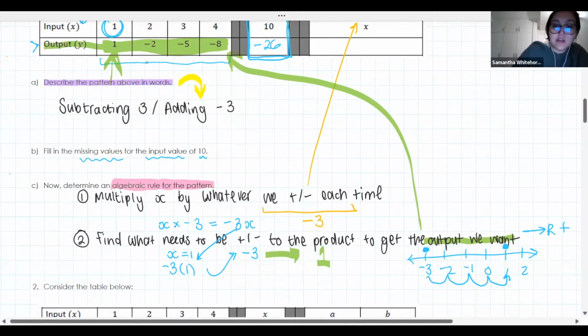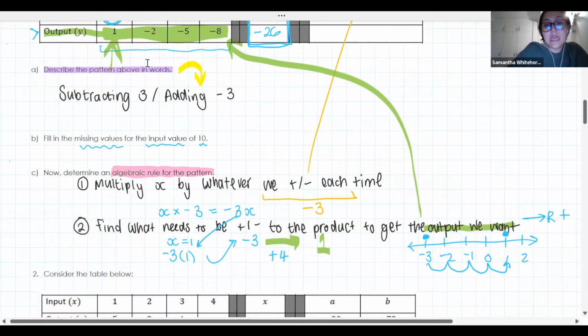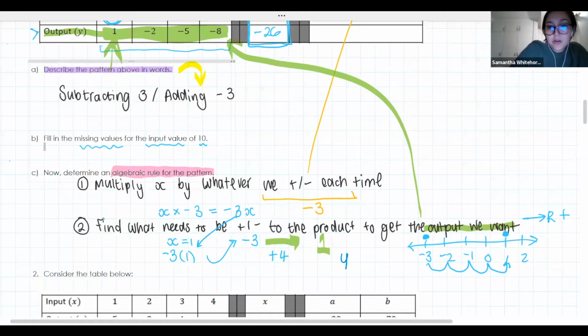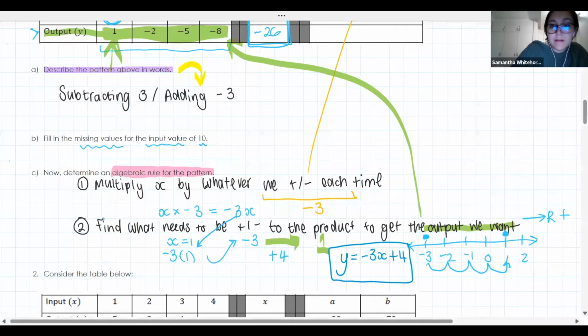I am adding 4 to get from -3 to +1. And so what this does is it gets me my rule. My rule is now telling me that to get an output value, I need to say -3 times x, but I still then need to add 4 to it in order to get my output.